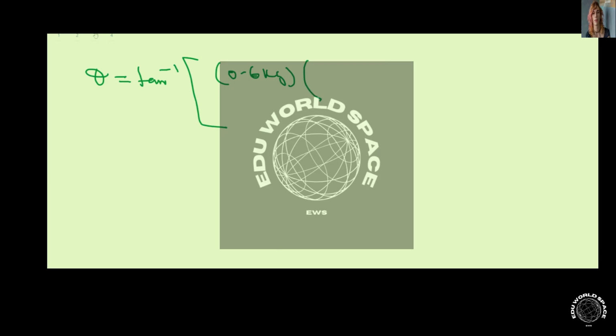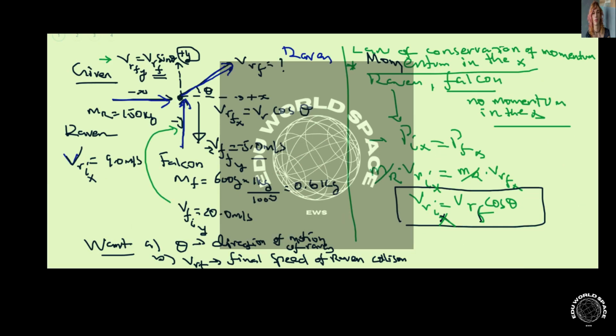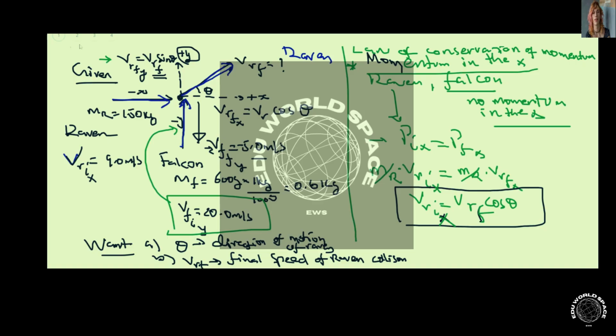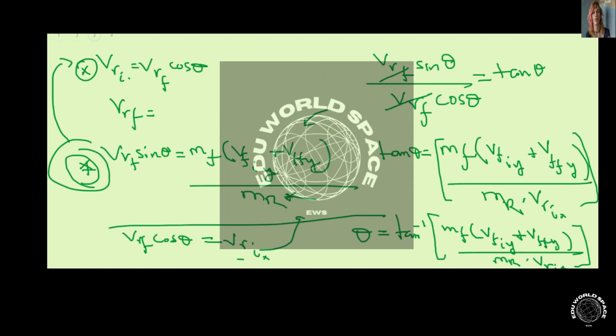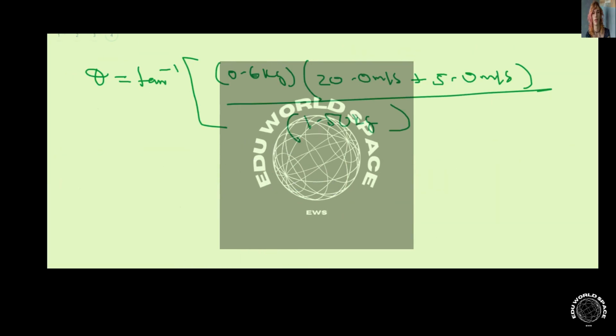Times the initial velocity of the falcon in the y, and that, remember, happened to be 20.0 meters per second, plus final velocity of falcon in the y direction, over the mass of the raven, which is 1.50 kilograms, times initial velocity in the x of the raven, which is 9.0 meters per second.